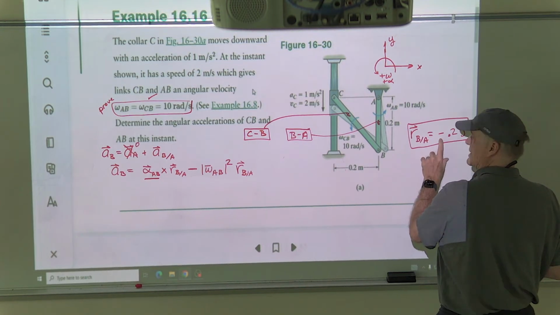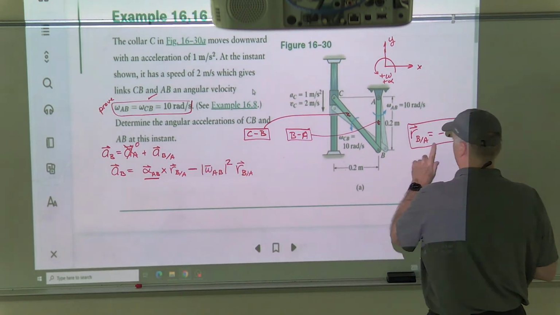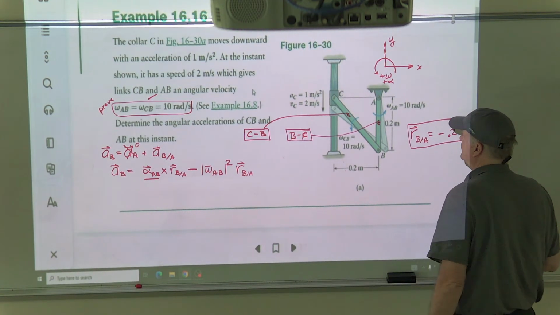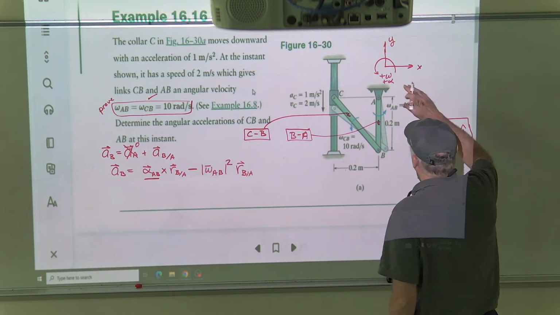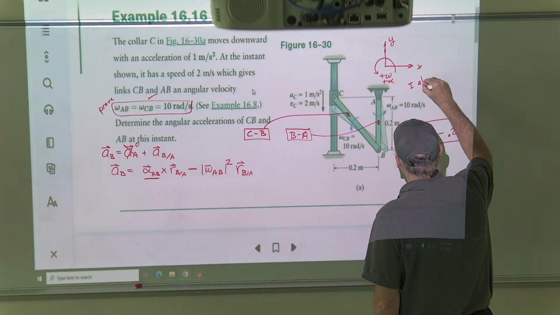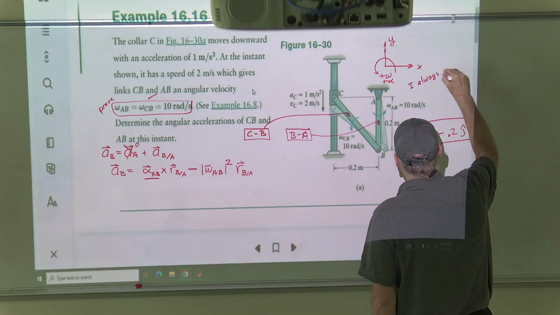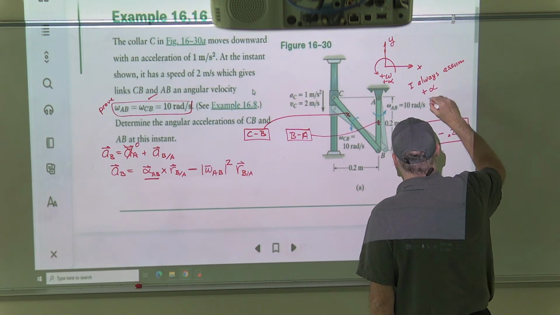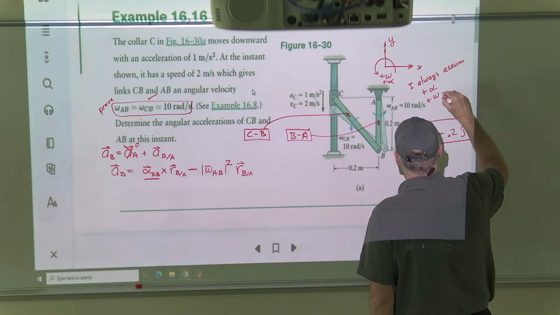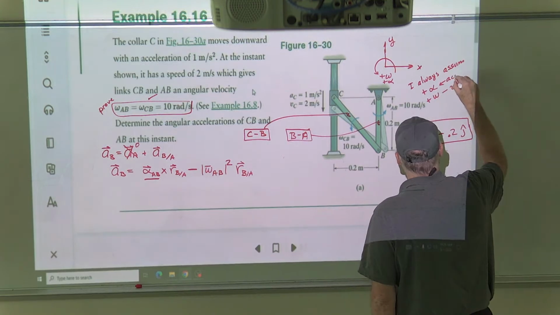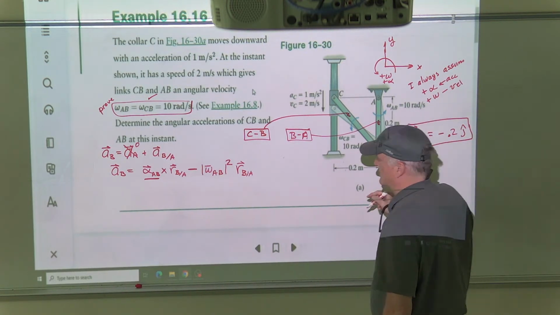Now I turn around, I have to use that over here in several places. So the other thing, when I'm going in here finding the unknowns, I always assume positive alpha, and for that matter, positive omega when I'm working on velocities. But I'm working on accelerations here, so I'm going to assume it to be positive.